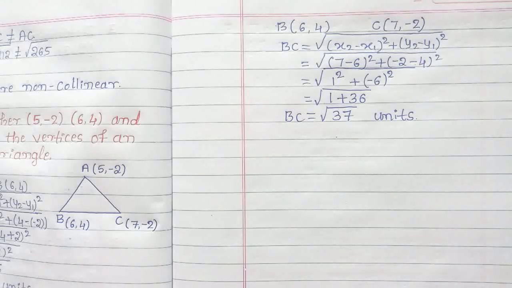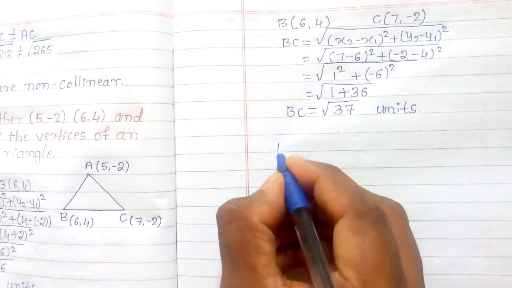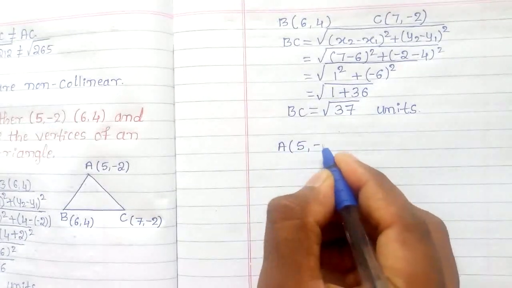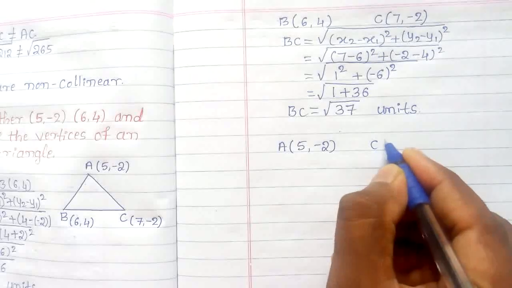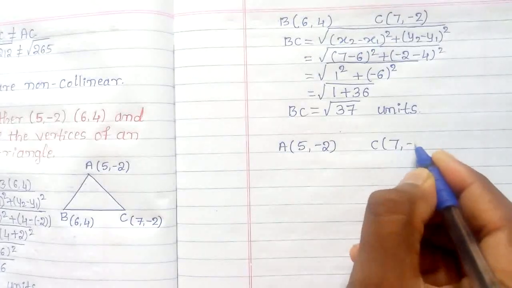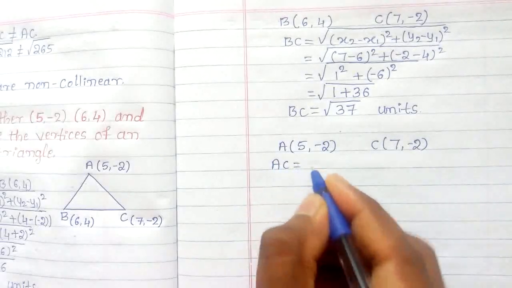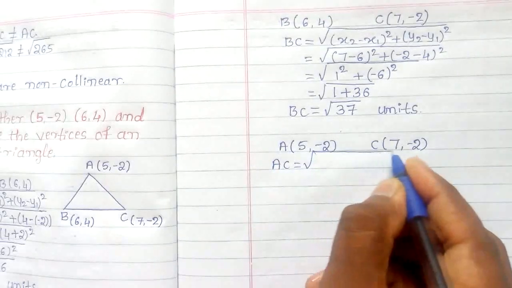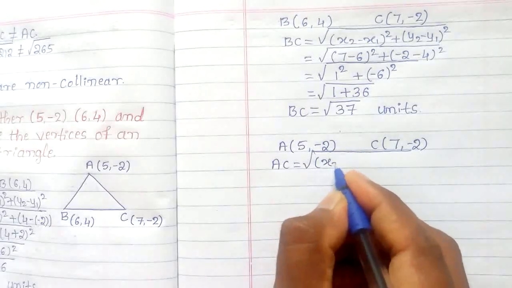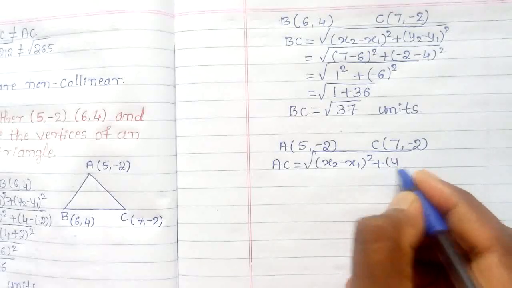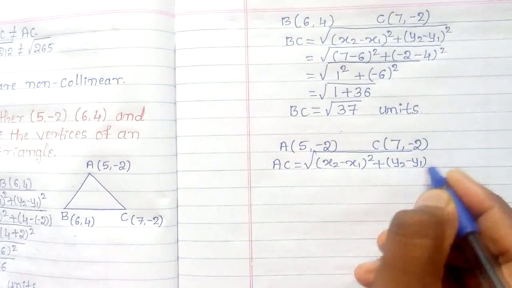Then we have to calculate similarly the distance of AC. A coordinates are 5, minus 2, and C coordinates are 7, minus 2. Now find the distance of AC. AC is equal to square root of x2 minus x1 whole square plus y2 minus y1 whole square.